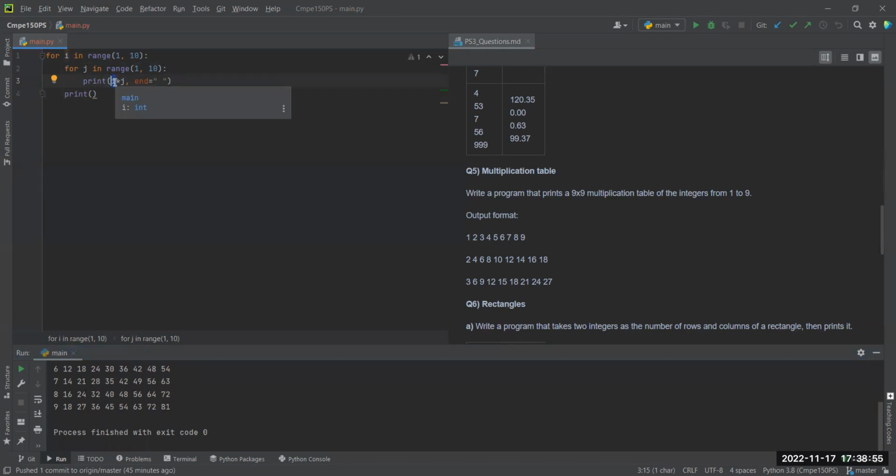And if the second loop is completed, then it prints a blank, and then it continues with the second row, starting with i equal to 2, and it goes with j on an interval of 1 to 9, and it completes it, then it continues with 3, and so on. Do you have any questions about this concept?